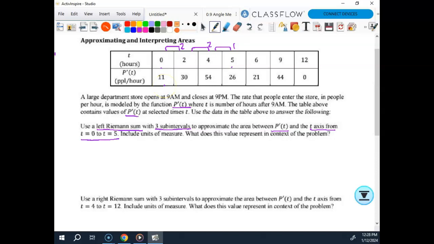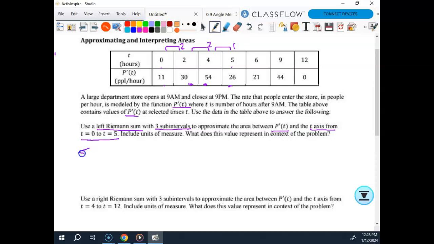In this second interval here, if I'm doing left-hand rectangles, which one's the height? 30. In this interval, what's my height? 54. So do I have to actually draw it and plot everything? No. If you need to and it helps you, not the end of the world, right? But we're going to find it.